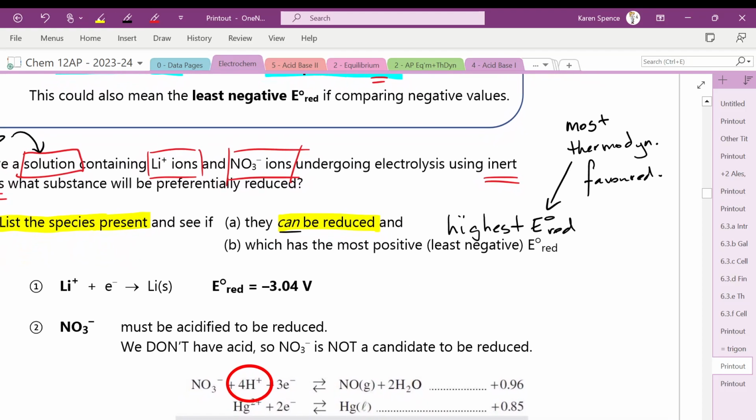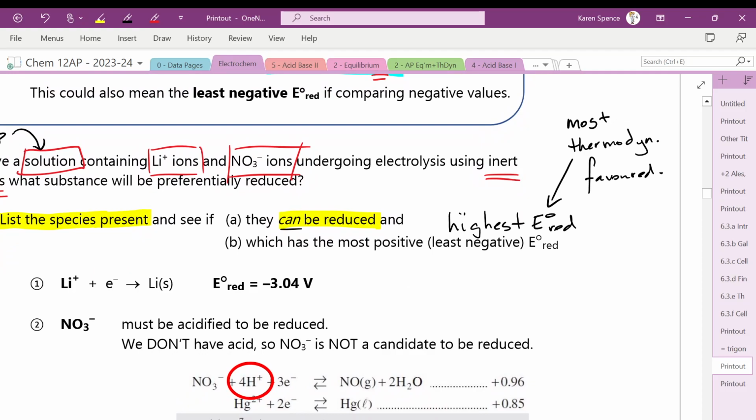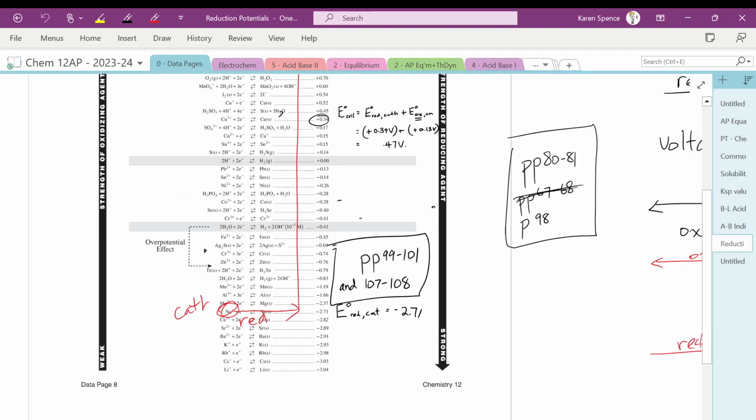So let's list our species. Li. We go and we look that one up on our table. It's pretty easy to look up. It has a reduction potential of negative 3.04 volts. Actually, take a look on your table for lithium. Where is it?